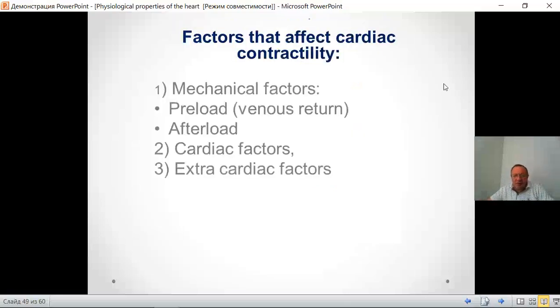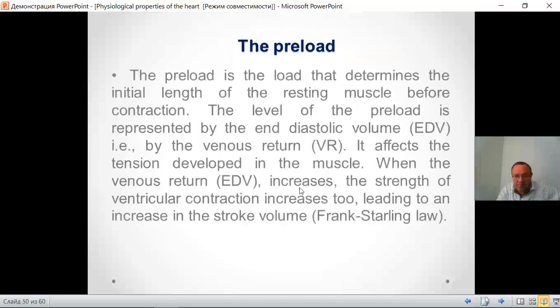Factors that affect cardiac contractility. Mechanical factors are preload and afterload; there are also cardiac factors and extracardiac factors. The preload is a load that determines the initial length of the resting muscle before contraction.